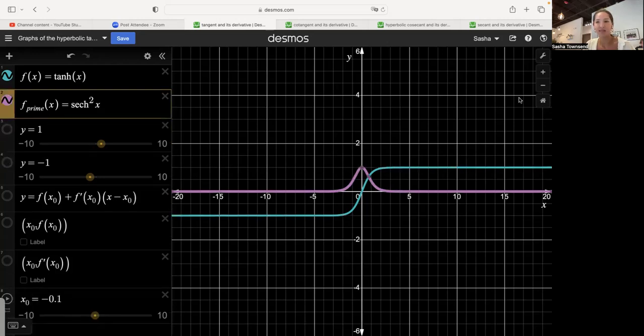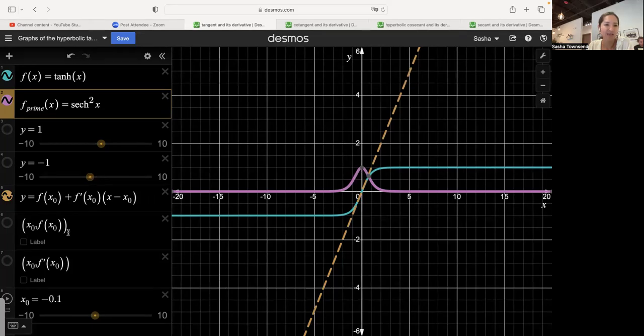And I think if we zoom in a little bit, we can see that the slope of the tangent line does seem to be given by this purple function. We're talking about the slope of the tangent line to this teal function. Here's the tangent line. At 0, it looks like this tangent line has a slope of 1, and that's equal to the function value of the derivative graph.